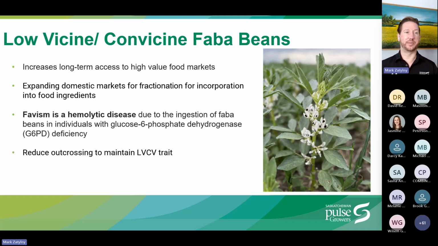And that's the exact same with these varieties, where if you have a low vicine, convicine variety next to a normal or high vicine, convicine variety, they will outcross to each other, and you won't have that variety anymore as a low vicine.